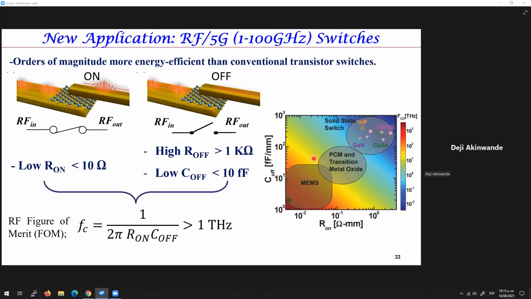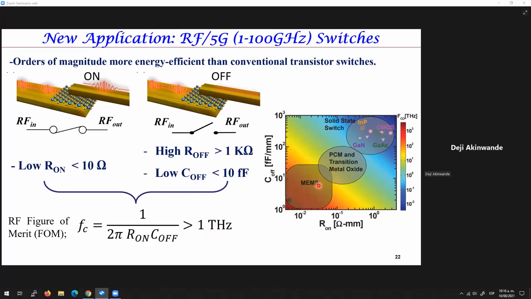So just to give you what the current emerging solid state switches look like. Here is C-off versus R-on. This combination of resistance and capacitance is often known as a figure of merit. The inverse of that is a frequency, so it should be above a terahertz. It's not the operating frequency; it's just a figure of merit to compare devices.